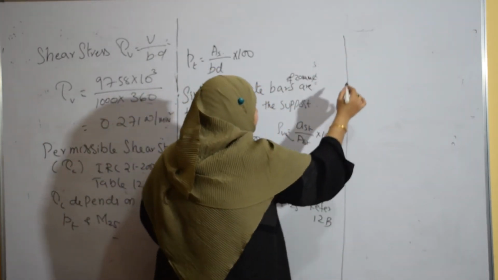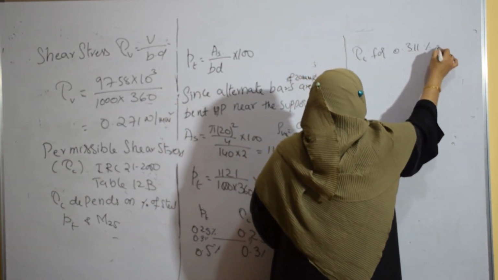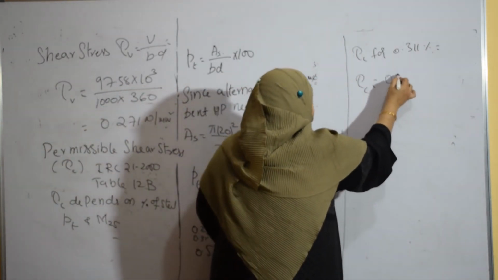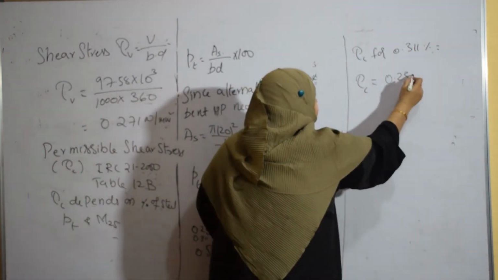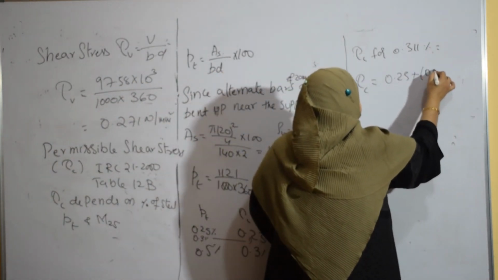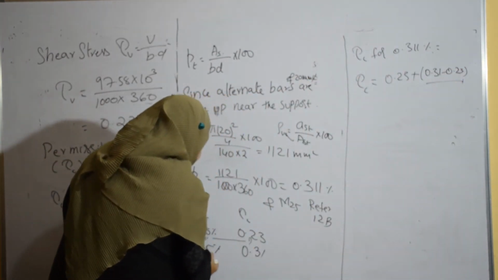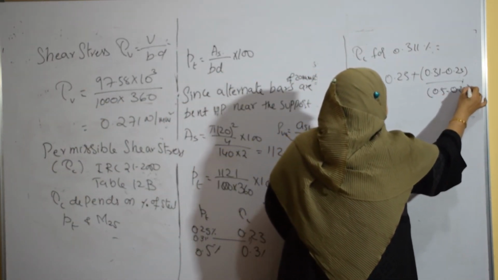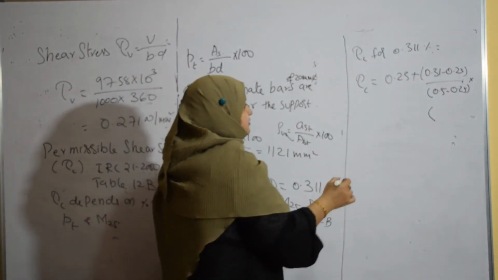So tau C for 0.311% is equal to the upper value 0.23, as it is increasing from top to bottom, so the symbol you have to use here is plus, the difference 0.31 minus 0.23, divided by the difference 0.5 minus 0.25, into our difference, that is 0.311 minus 0.25.